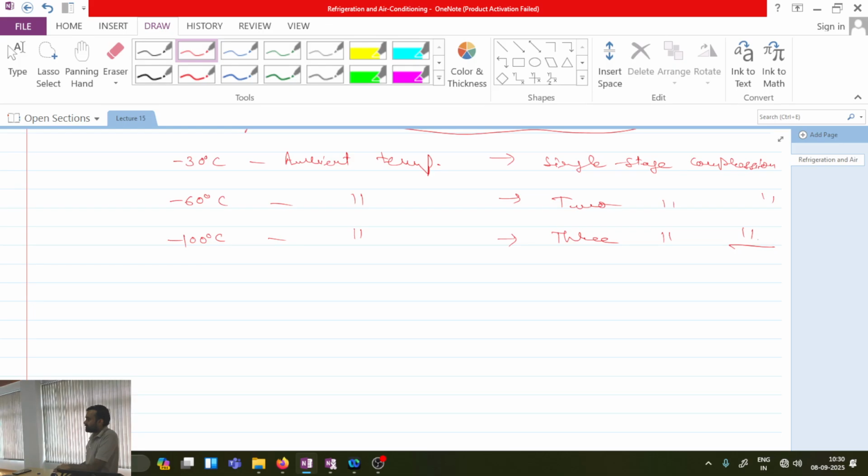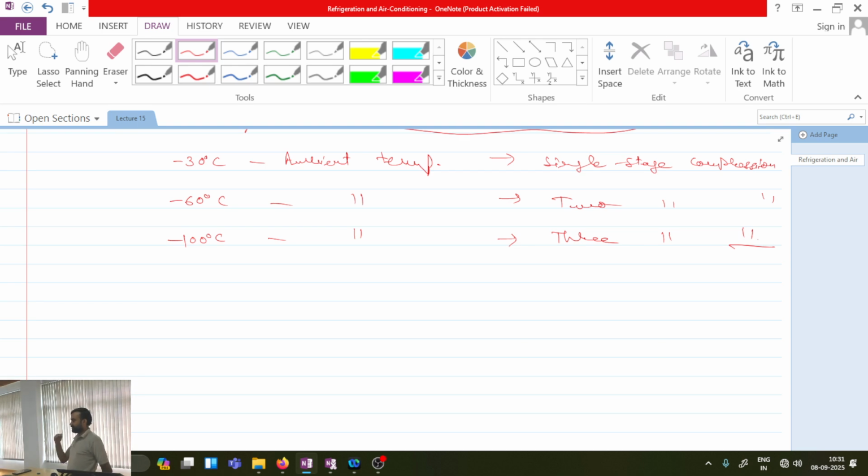What are the reasons? If you keep on increasing the stages, ultimately the cost of the compressor system increases, you need to keep using more and more compressors. So the initial capital cost will be more. Other than that, whenever you are operating a system in extremely large pressure conditions, one at very low pressure, other at very high pressure, we will have issues of sizing.